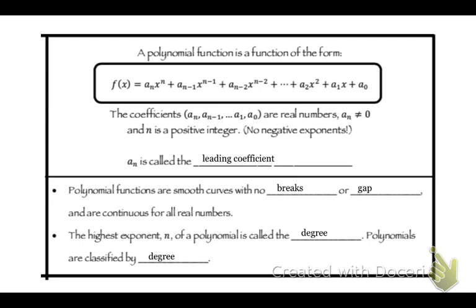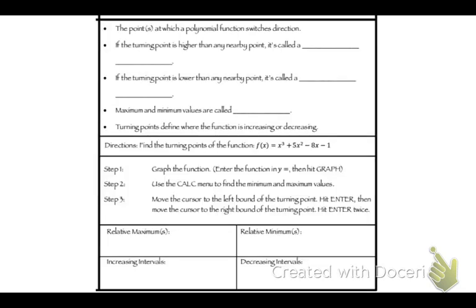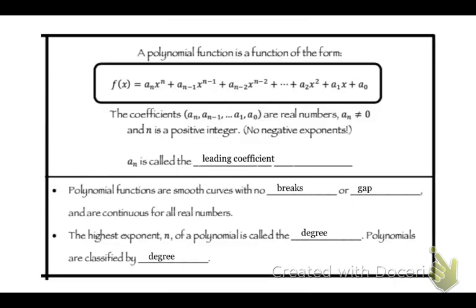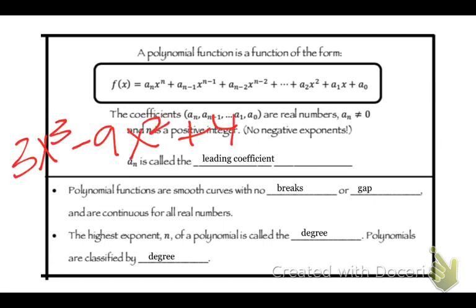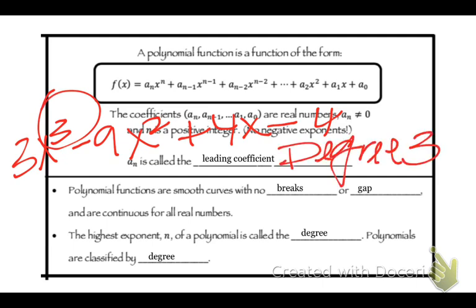So if we were to look at 3x cubed minus 9x squared plus 4x minus 4, that is a polynomial. The highest exponent there is 3, so this would be a degree 3 polynomial, and that would be classified as a cubic. We'll get into these names in a second, but that would be a cubic.